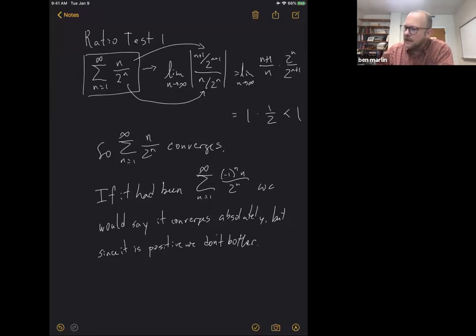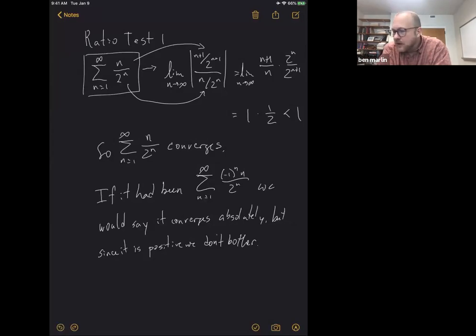But in any case, with regard to this, everything you're doing is positive. So those absolute value signs in there, those didn't actually help us this time around. But sometimes we'll have problems where there's a minus 1 to the n, and that absolute value just wipes it out, okay?